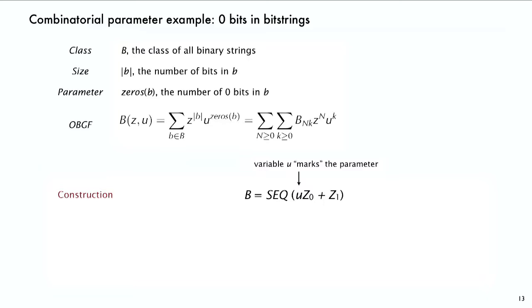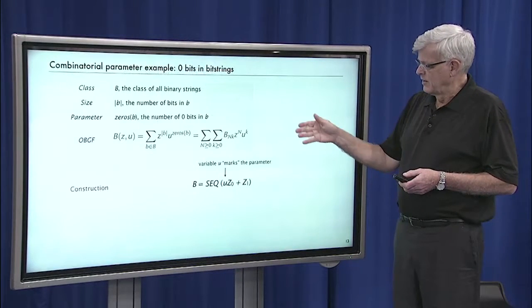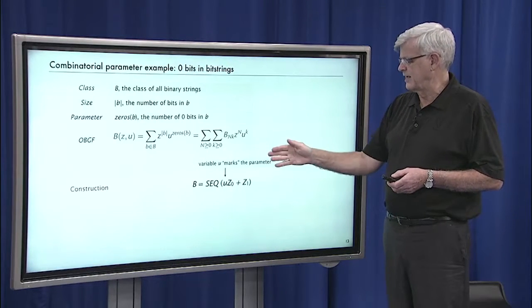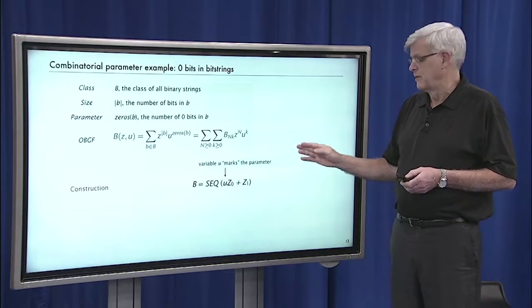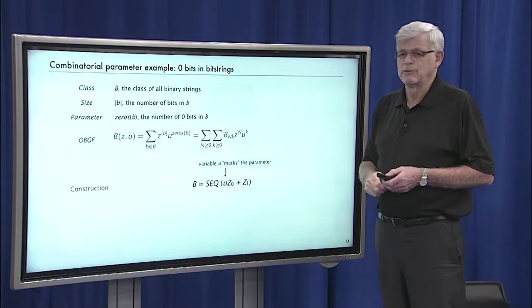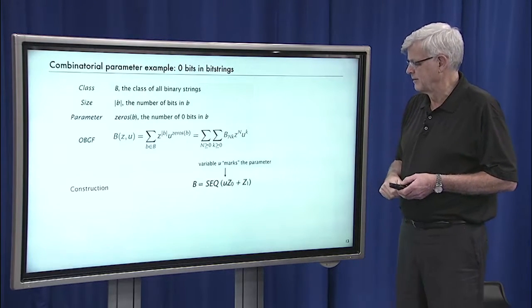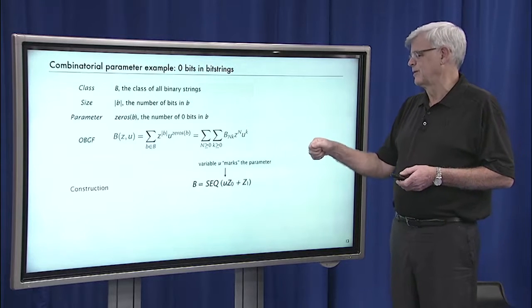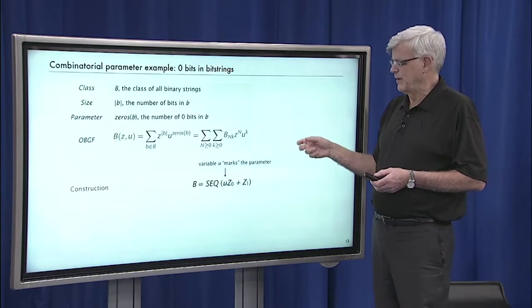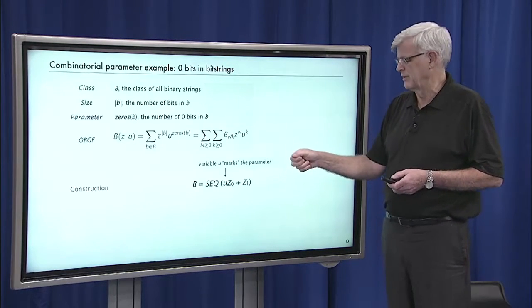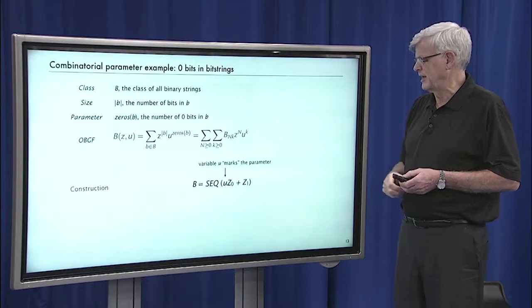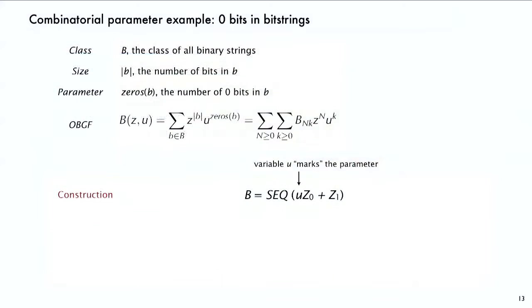So our construction now is the same as before, except that what we're going to do is put a variable u for every 0 bit. So before we had a sequence of 0 bits and 1 bits. Now we have a sequence of marked 0 bits and 1 bits. We mark the 0 bits but not the 1 bits. And that's it.